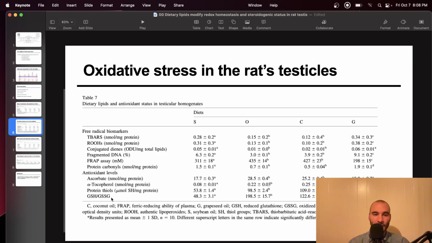The last thing they're looking at is the reduced glutathione in ratio to the oxidized glutathione. So glutathione is one of the master antioxidants in the body, and what it does is it helps to deal with reactive oxygen species, lipid peroxides, free radical formation, etc. And the ratio of reduced glutathione to oxidized glutathione indicates oxidative stress.